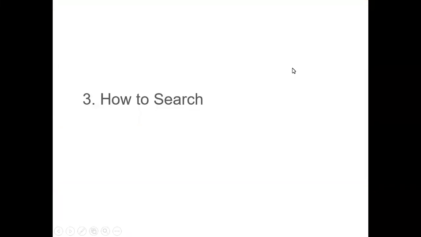For students, if you would like to learn how to conduct a literature search for your final year project, coming soon or next semester, here are some examples for you.